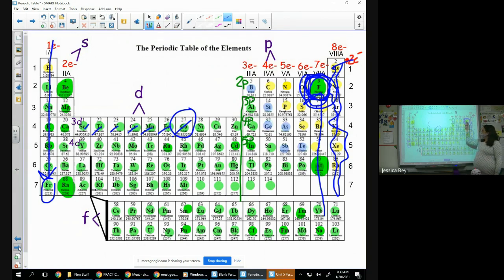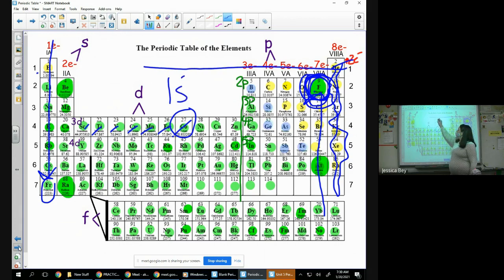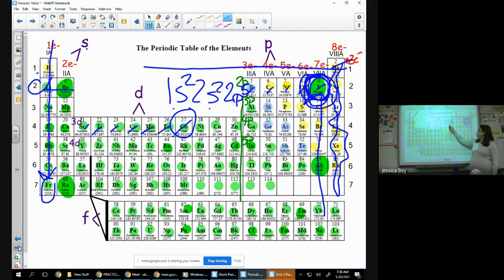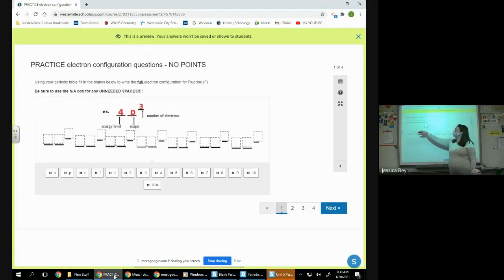Remember, if you're reading for fluorine, you read 1s has 2, 2s has 2, and then 2p has 1, 2, 3, 4, 5. 2p5. So the way that we're going to have you put that answer in so that we know you know how to write this out: 1s2, 2s2, 2p5. When you go into here, you just simply drag what you need.